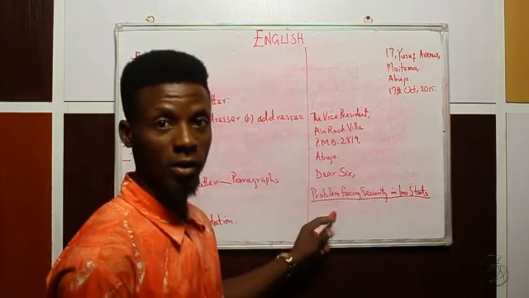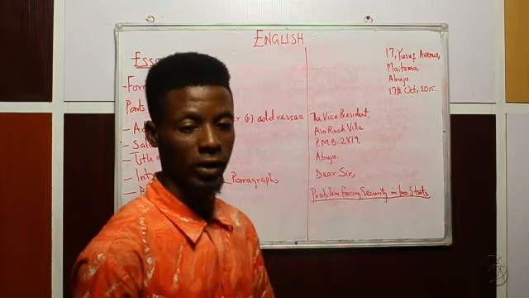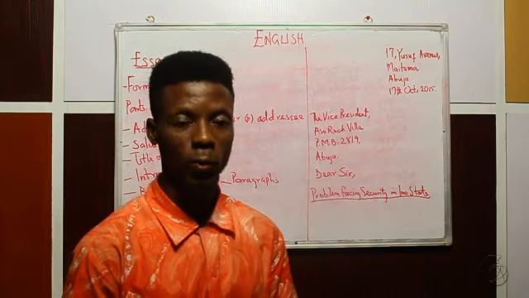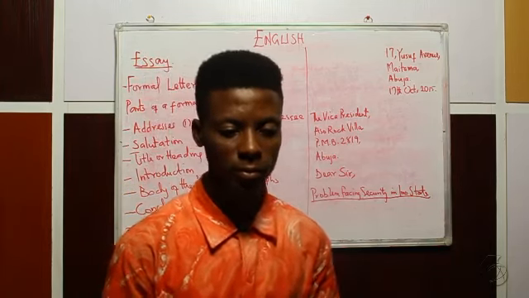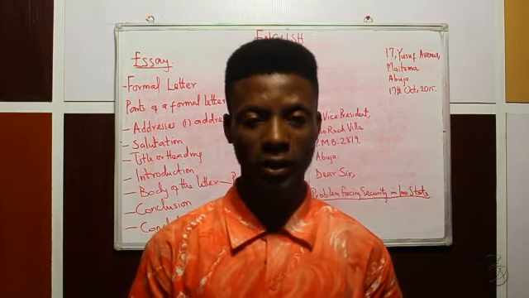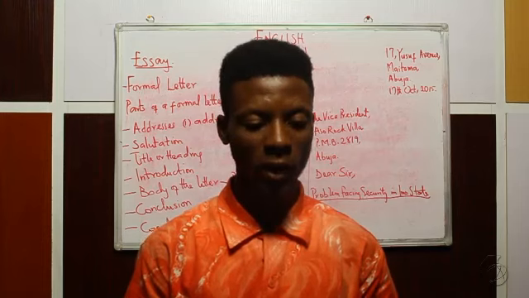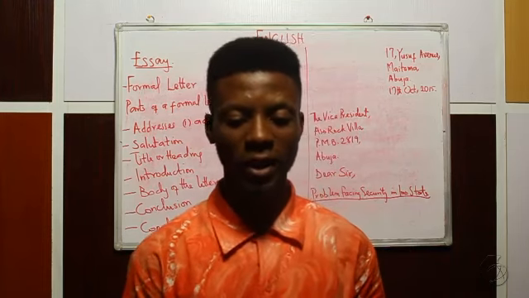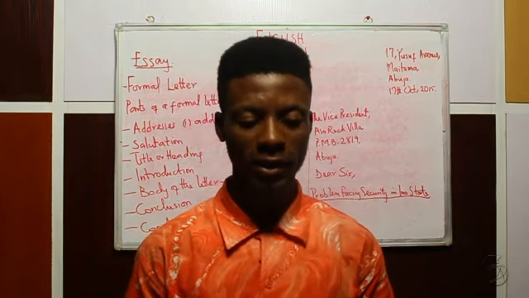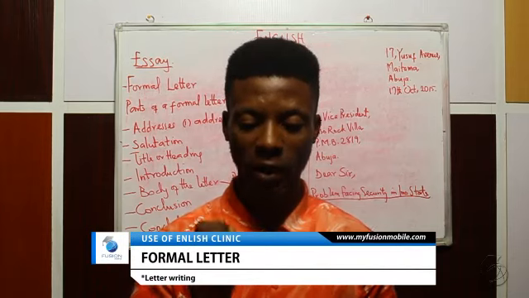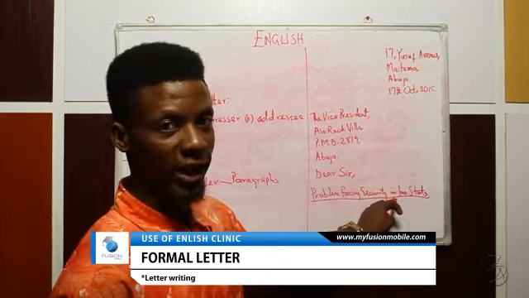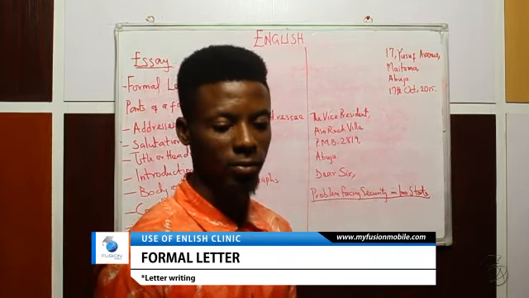As you can see on the board, the heading is underlined because it is written in small cases. If it's written in capital cases, we do not underline it. The examiner will penalize you if you underline a title that is written in capital. Only when the title is written in small letters would you be expected to underline, as shown here on the board. In this case, each word begins with a capital letter except for prepositions and articles. The preposition "in" is written in small letter.